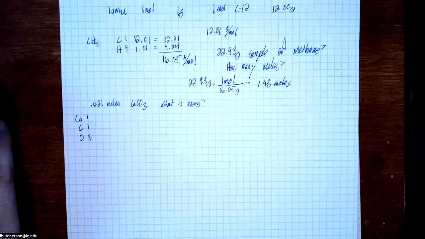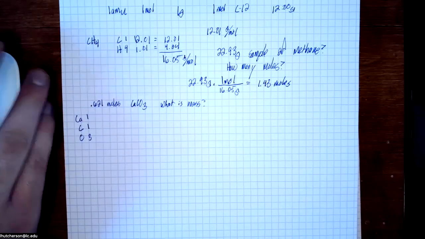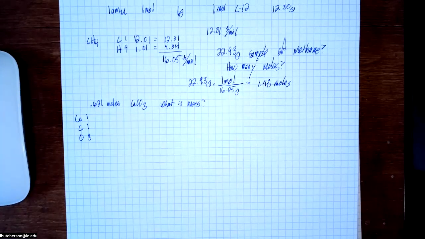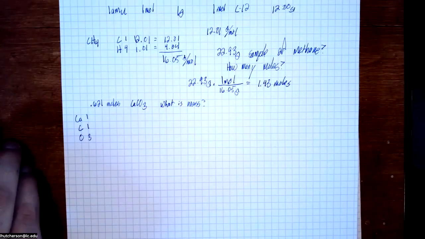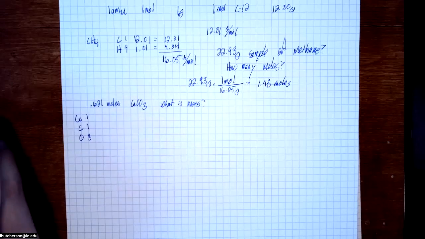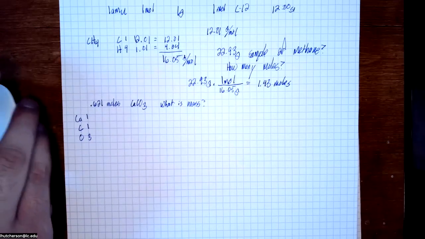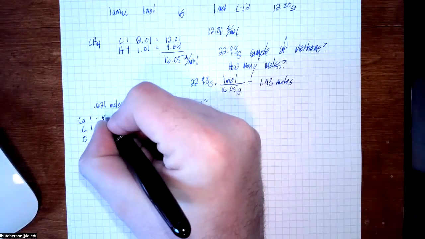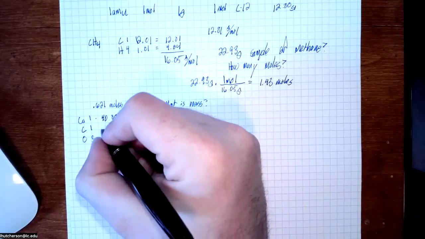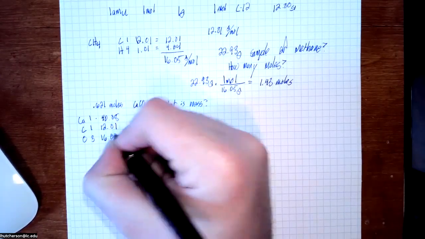I look at the periodic table and I find that calcium is 40.08, carbon is 12.01, and oxygen is 16.00.